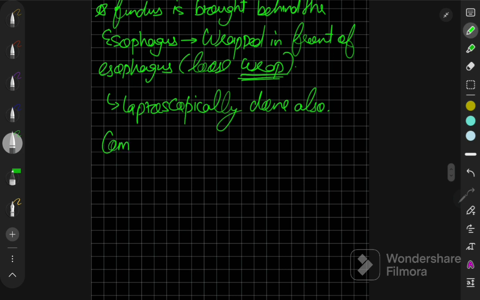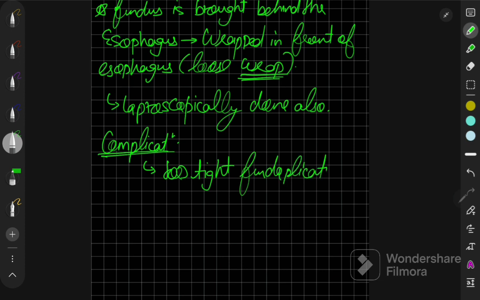Then there is a complication that if the fundoplication is too tight, there is a syndrome that is known as gas bloat syndrome that occurs.